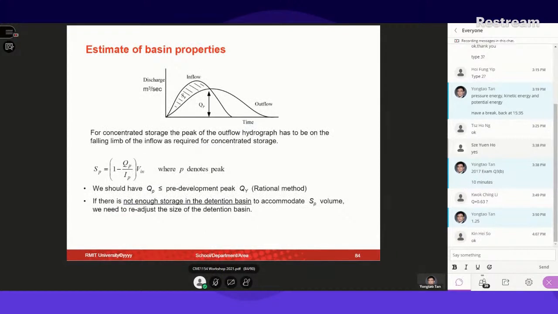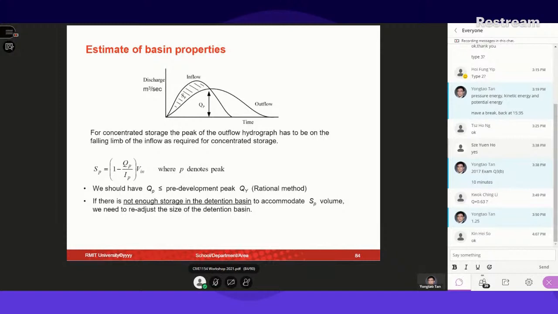Now let's estimate the basin properties. Now we have the inflow and outflow, so we can easily find out the SP. SP is the maximum volume of storage for the storm water. SP is 1 minus QP over IP times the V in, as we just mentioned.